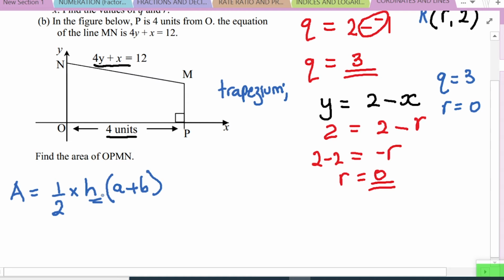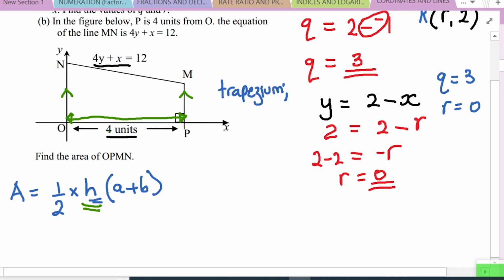The height is the distance between the two parallel sides of the trapezium. If you look at this, this side is parallel to that side. So the distance between the two parallel sides is that one right there, and that is what is going to formulate our height. We already know that our height is 4 units.